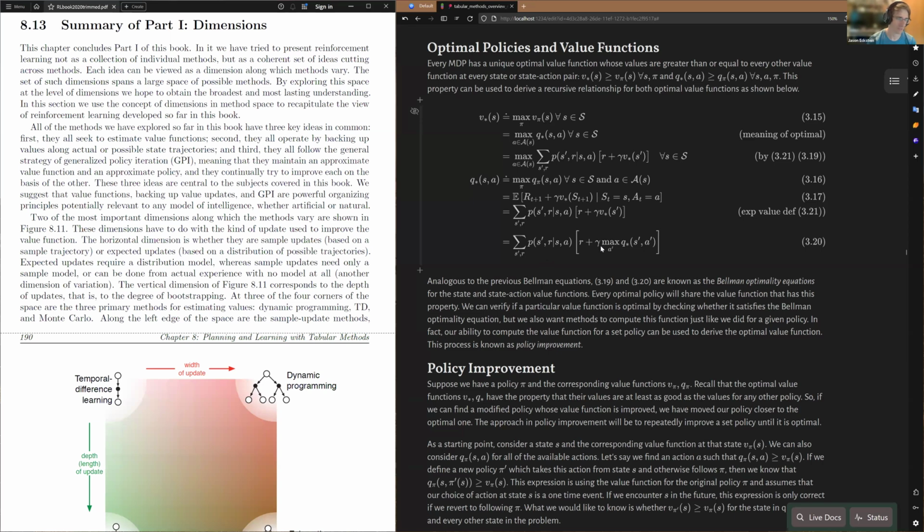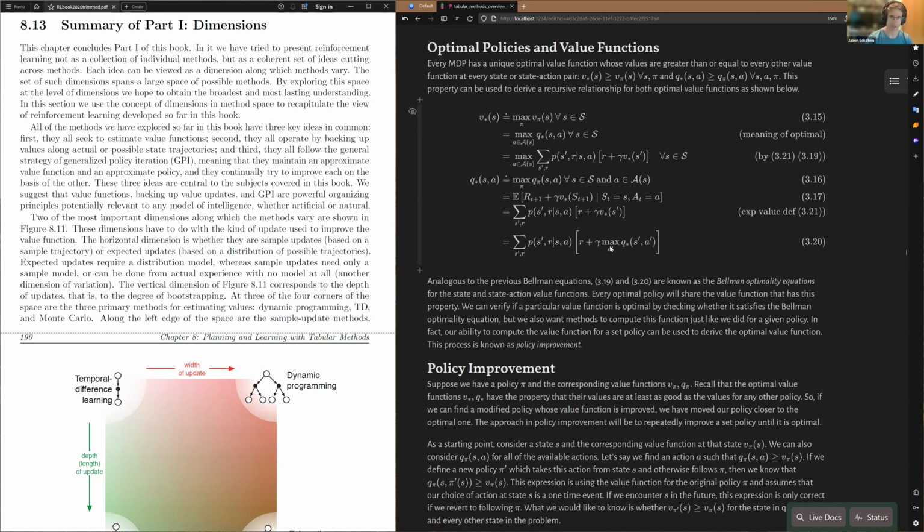Same with this step, but what you end up with is that the policy, what was previously a sum over the policy distribution, is replaced with the maximization over actions. So again, we can verify that a value function is optimal by checking if this is true.